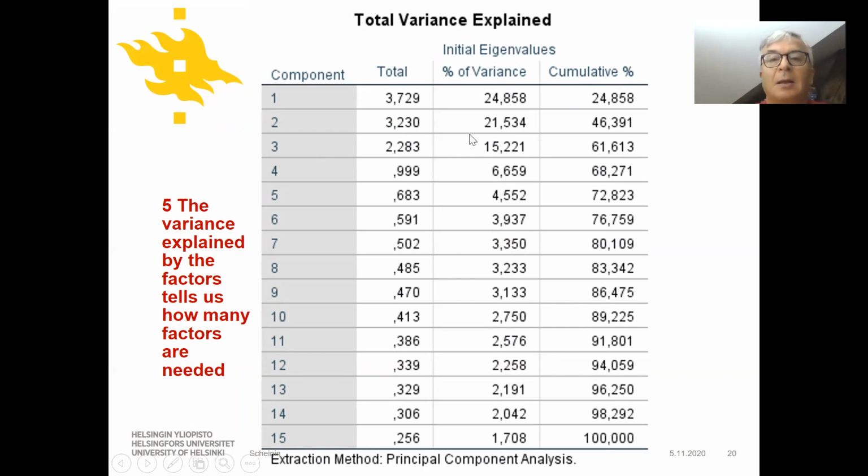And then here you can already see the same thing, but now in percentages, how large a percentage of the variance these components explain. And the last one is cumulative. So it tells us that the first 3 explain more than 60% of the variance. That's perfectly fine.